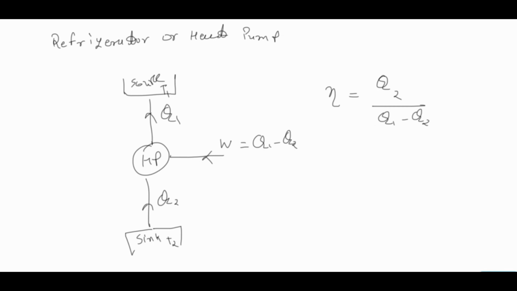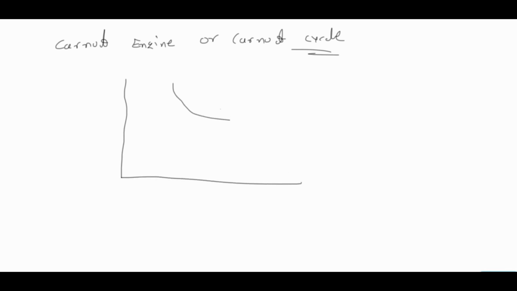Then again we have one more thing, Carnot engine, or we can say Carnot cycle. Carnot cycle, PV diagram and TS diagram are the most important thing here. This is a temperature where heat is going to be added. This is isothermal expansion, adiabatic expansion, isothermal compression, and adiabatic compression.